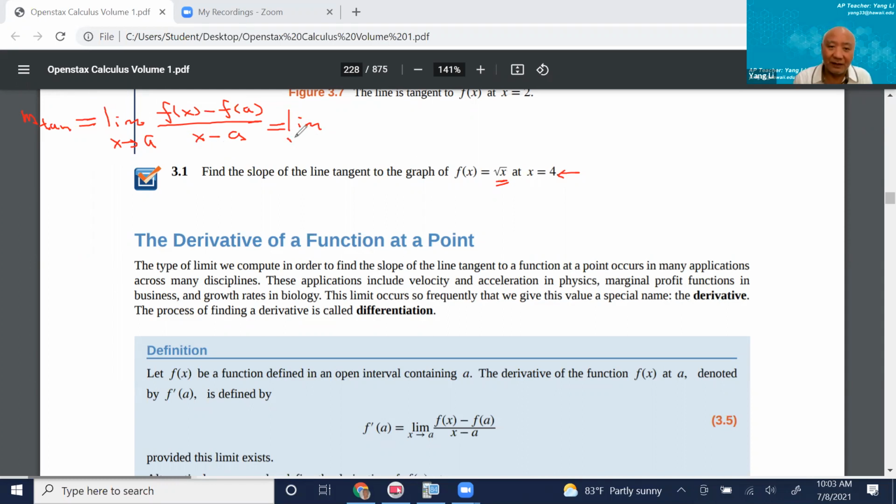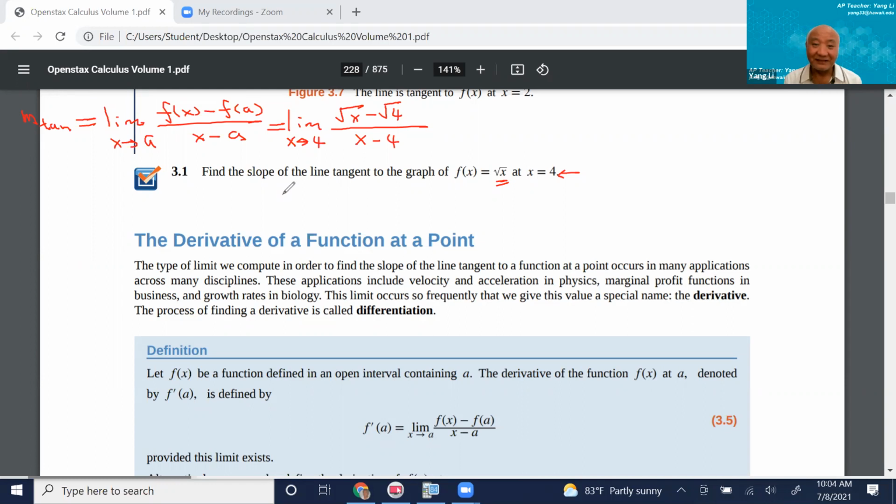So we go x approaches 4. f(x), just the square root of x, minus f(a), which a is 4, so f(4), just square root 4, over x minus a, which is 4, like this, right? We directly use the definition, right?